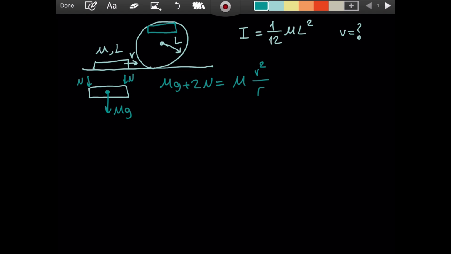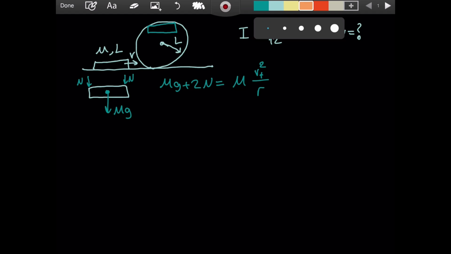And v here is the speed at the top. Let's call it v_t squared over r. This is the centripetal acceleration. We multiply it by mass to get the centripetal force. And notice that I didn't write L for R. There is a very important reason for it, which we will discuss in a couple of minutes, hopefully.